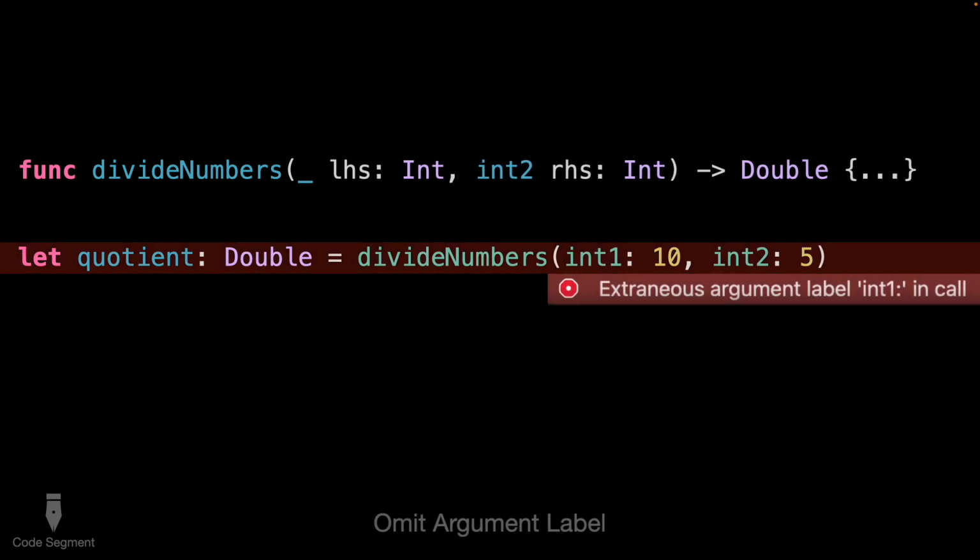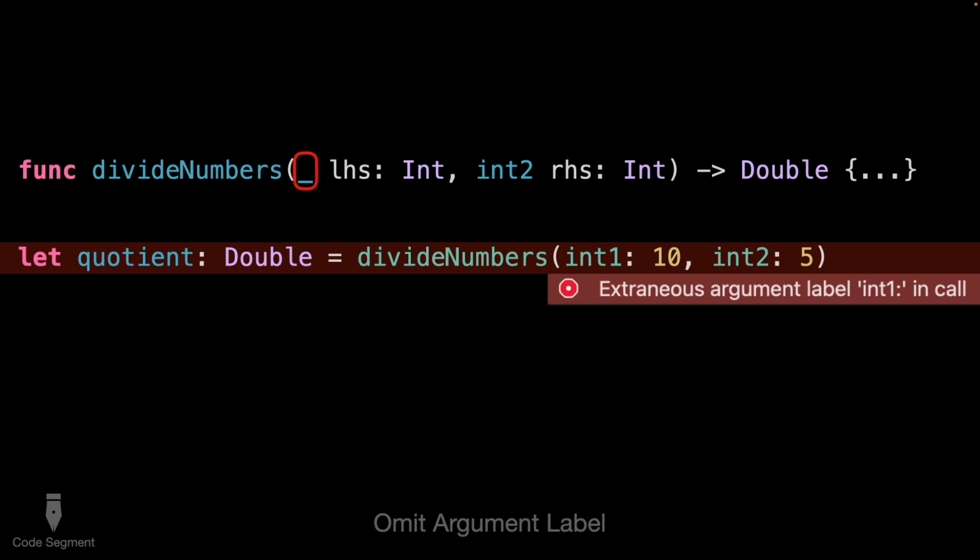So if you want, you can also omit argument labels and just call a function like you do in every other language. This is not the default behavior in Swift. Most languages make this the default behavior. That's not the default behavior in Swift. In Swift, by default, your parameter name becomes your argument label. But if you want to just pass in a value and not have an argument label, then you just put an underscore where you would put an argument label.